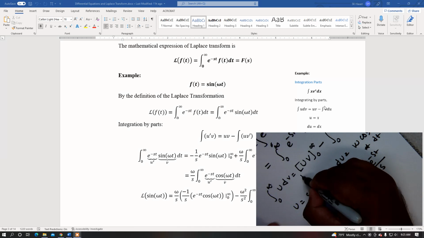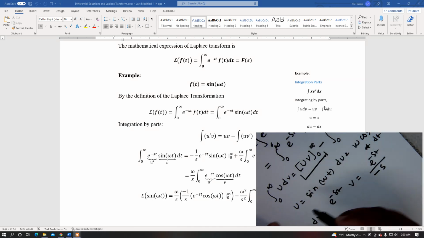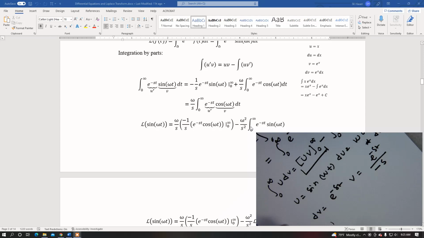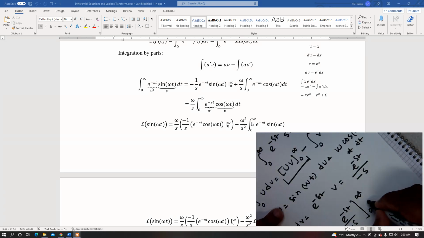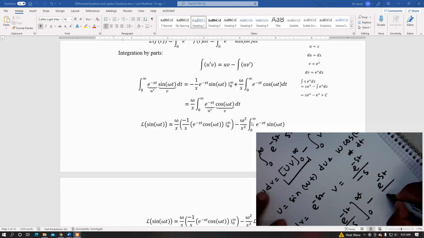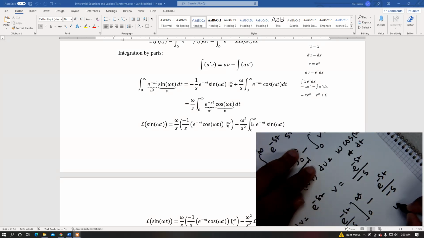Now if we substitute this, uv from 0 to infinity equals sine omega t times e to the power minus st over minus s, from 0 to infinity, minus the integral of v du, where v equals e to the power minus st over minus s and du equals omega cos omega t dt.